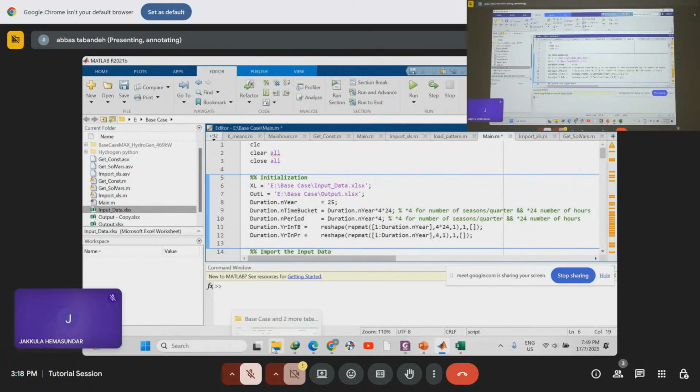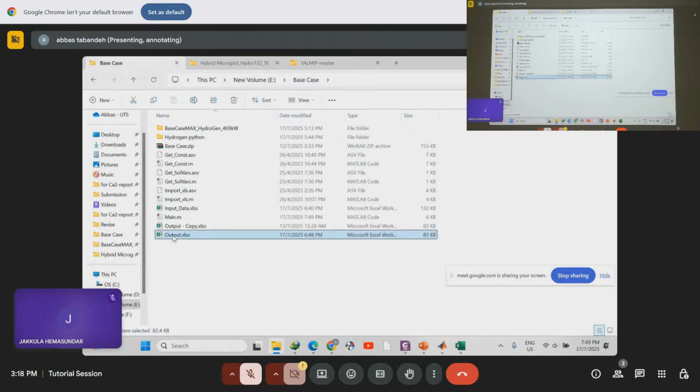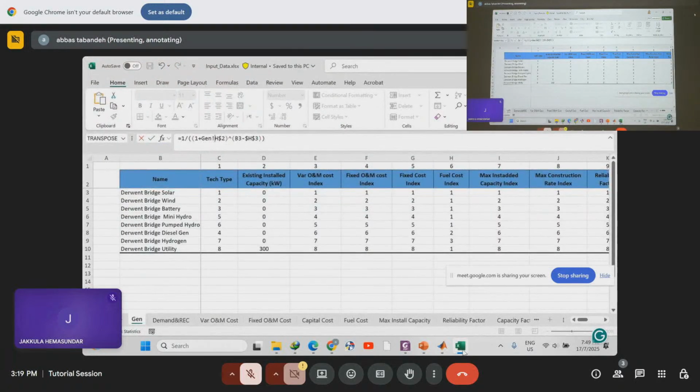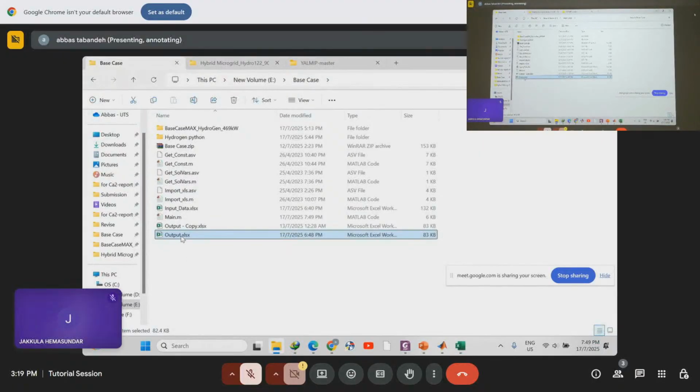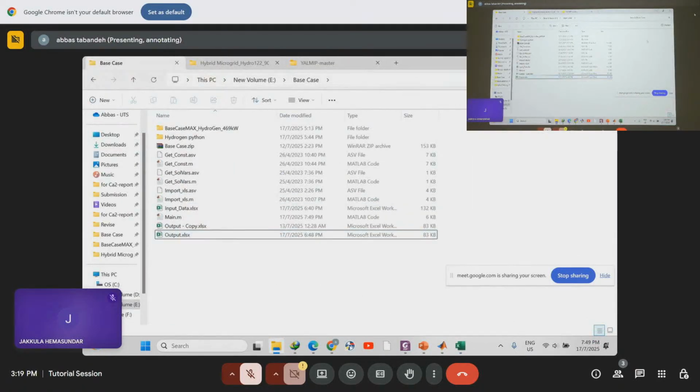And we have already prepared an output file for you, you need to keep it as it is. I'm trying to open it. Anyway, this is your output file.